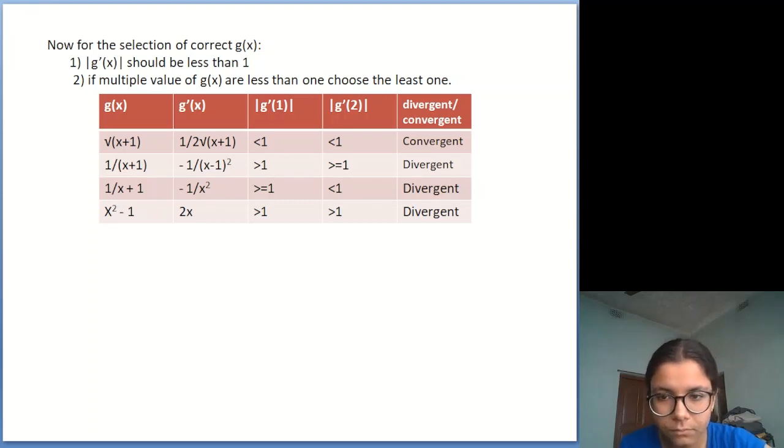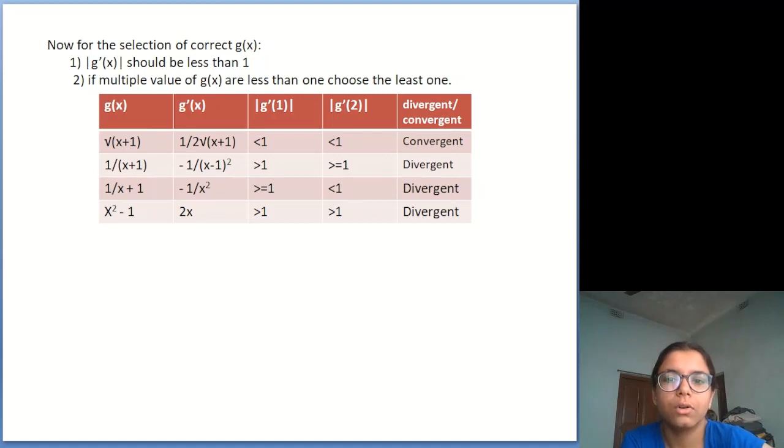And so after making the table in the last slide, we now take the divergent and convergent table. And so here you again have your g(x) with the derivative of g(x). We have concluded the value through putting all the values in the g(x), and it was summarized in here. As I have already said, the derivative of g(x) should always be less than 1, and when it is less than 1, it is always convergent.